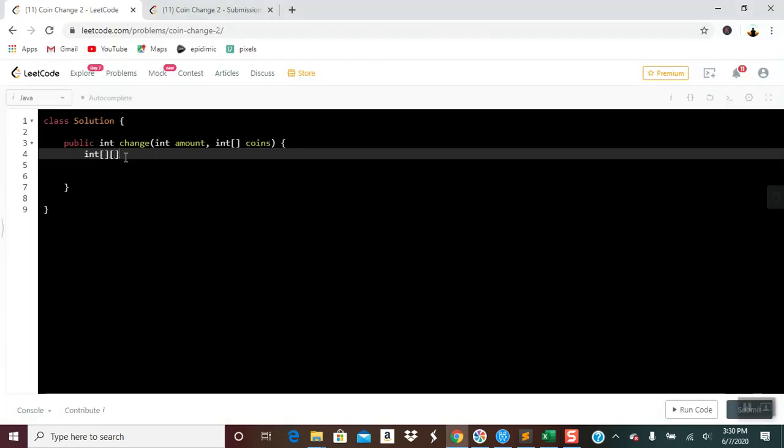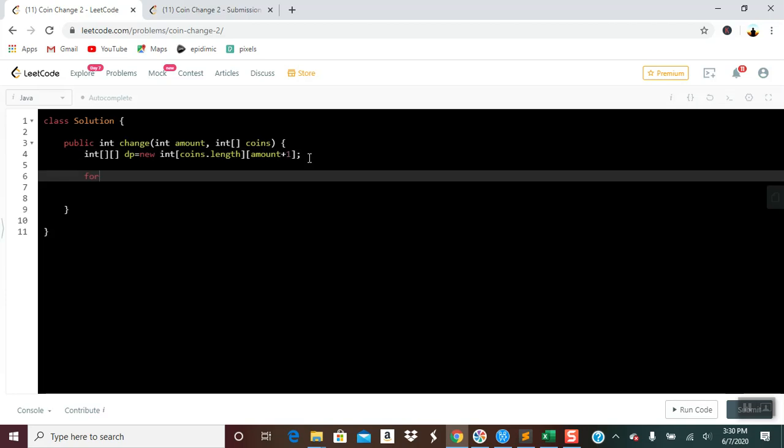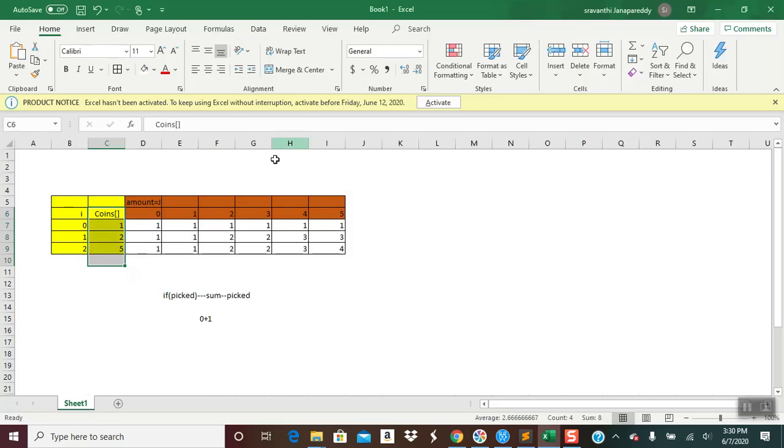So int dp equals new, coins dot length, and here the amount. We will take one extra because we will start from 0. We need 2 for loops, right? So this is one for loop and this is another for loop.